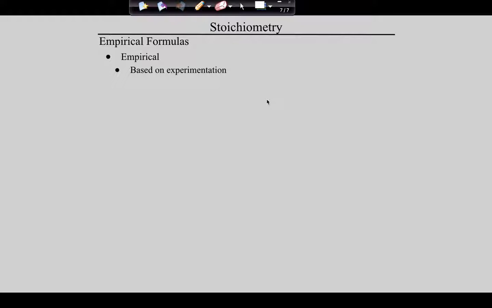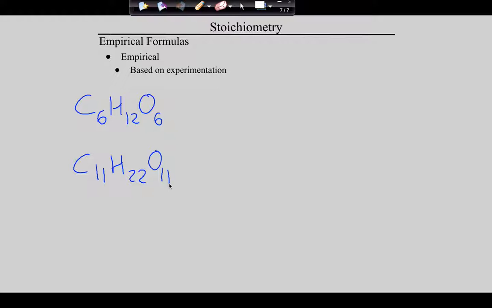So then the question is, why do we call simplest formulas empirical formulas? Let me explain it to you. Don't write this down, but this is the idea. Imagine if we took these sugars and we wanted to figure out their empirical formulas. How do we do it?